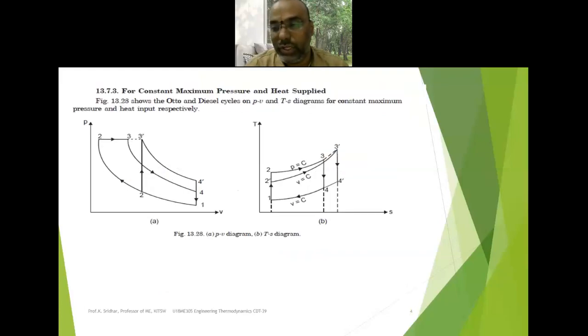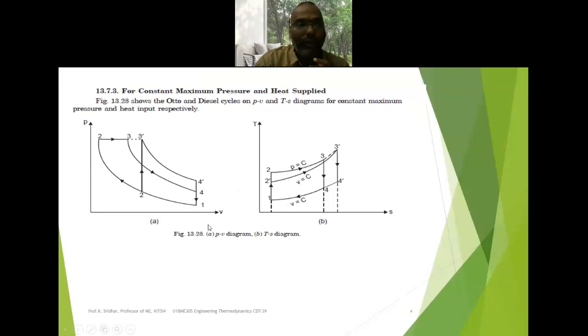The next important point: now you compared according to the compression ratio. The second parameter we have to compare is the same constant maximum pressure, and the heat rejection value will also remain the same. So for the same constant maximum temperature and the same constant volume heat rejection, which one is efficient? Now how to draw the Otto cycle, diesel cycle and dual combustion cycle for this?